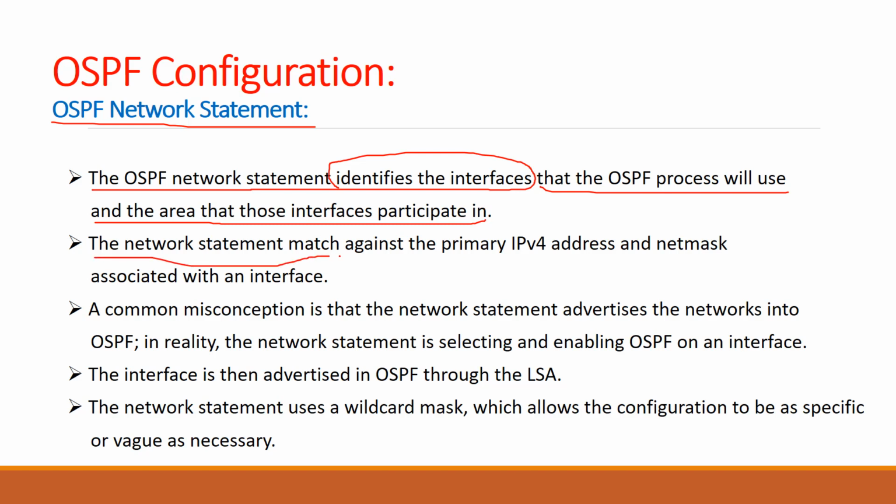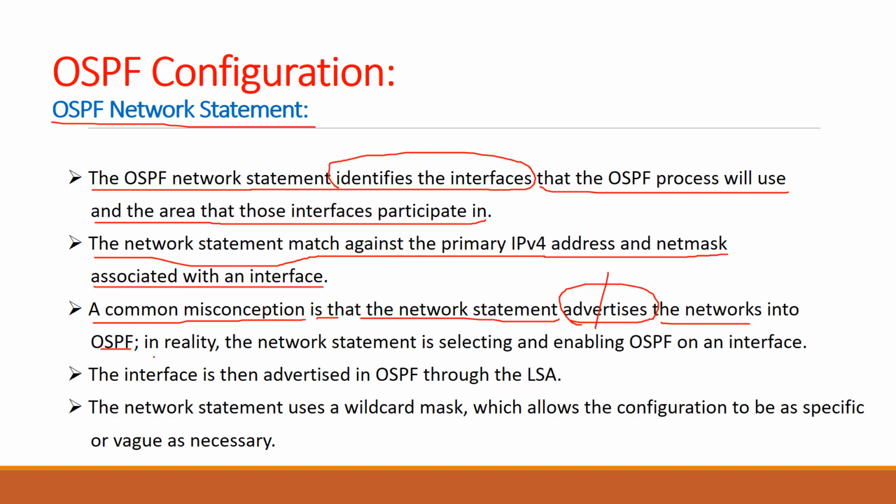The network statement matches against the primary IPv4 address and the net mask associated with an interface. A common misconception is that the network statement advertises the network into OSPF, which is not happening. In reality, the network statement is selecting and enabling OSPF on an interface.